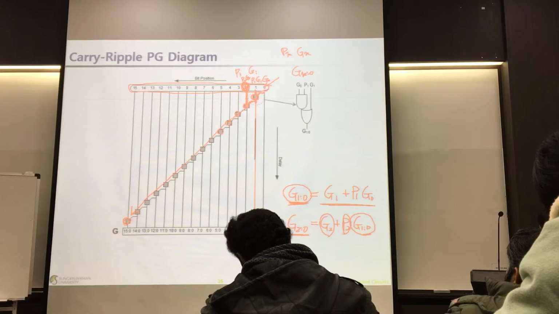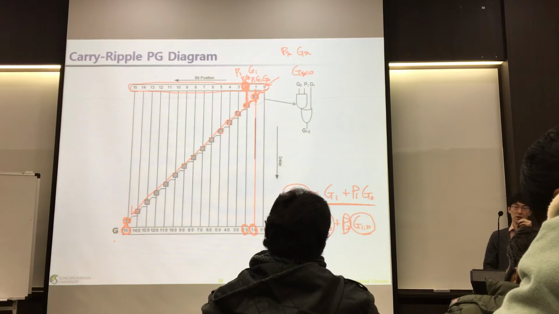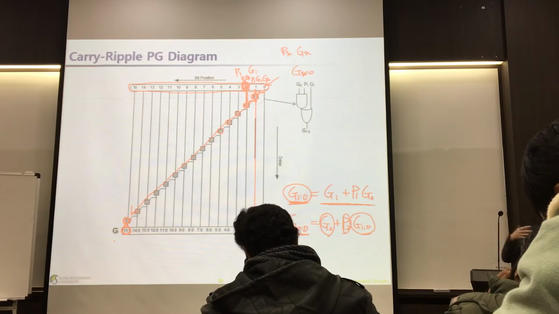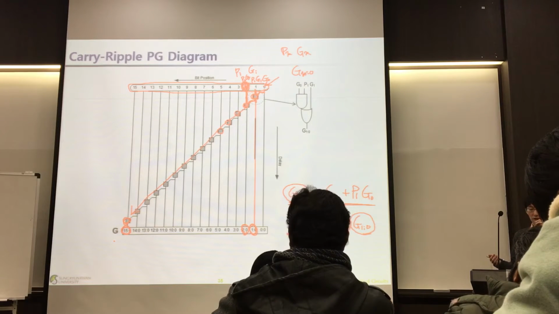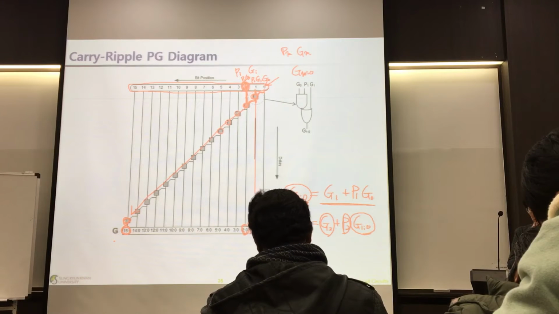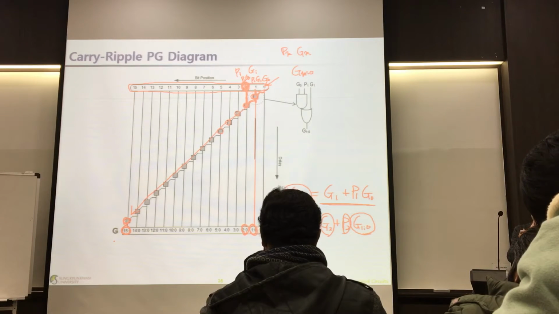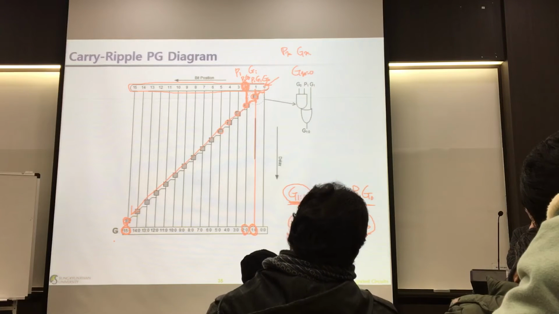So at this point you will be able to calculate 15 to 0. This is straightforward, right? You are merging bit by bit. And of course you can see it's slow because every time you merge, you are merging just one bit. This is literally just a ripple carry adder.